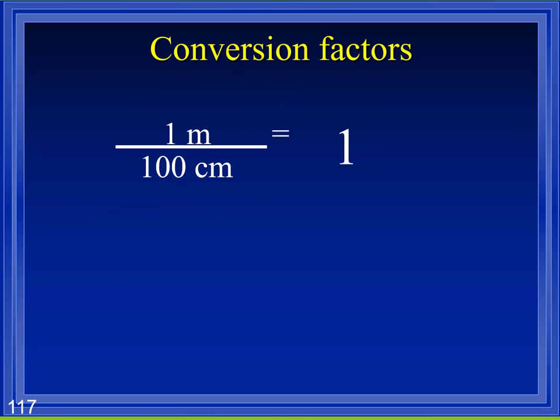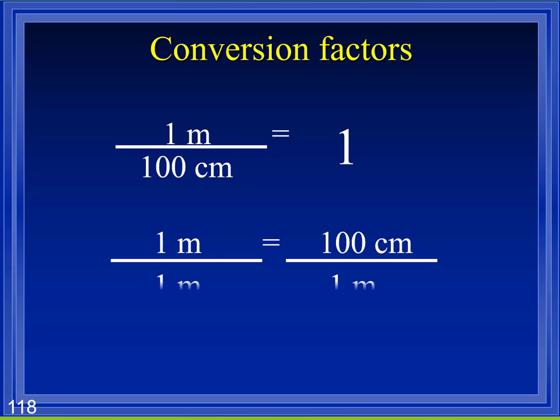But we said we could do 2 of those. So last time I divided by the 100 centimeters. This time I'm going to divide by the 1 meter. Now on the left-hand side, the 1 meters cancel out, and I'm left with 1.